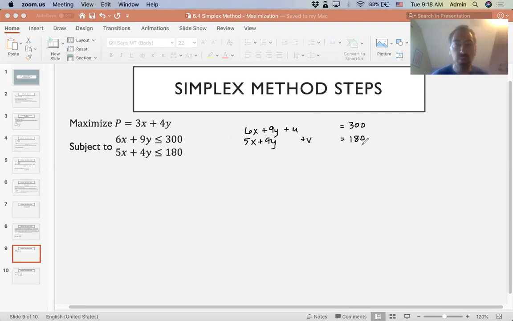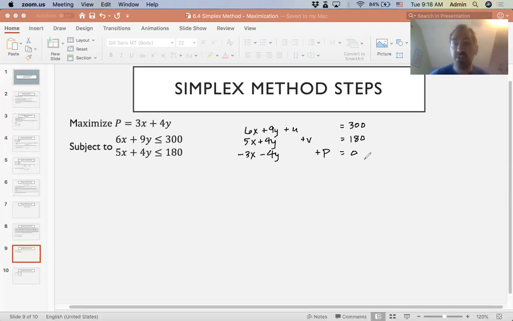Then step 2, we're going to rewrite the profit function. We're going to set it equal to 0. So by subtracting 3X and 4Y from both sides, that gives us negative 3X minus 4Y plus P equals 0.